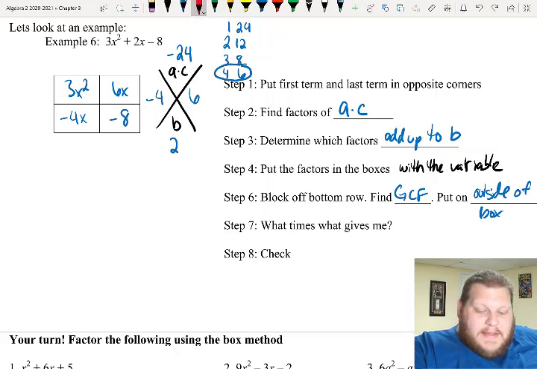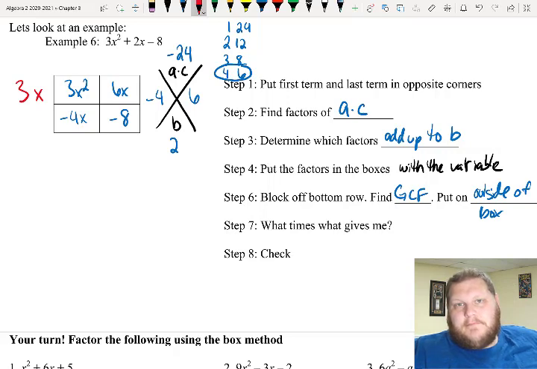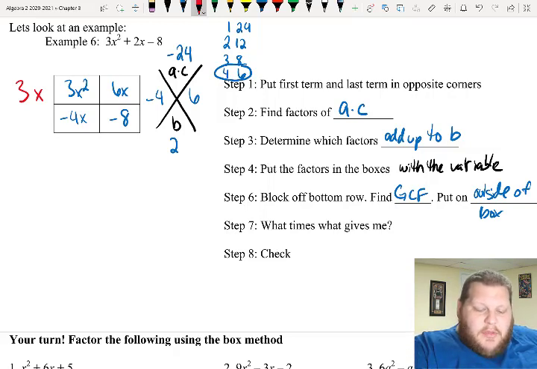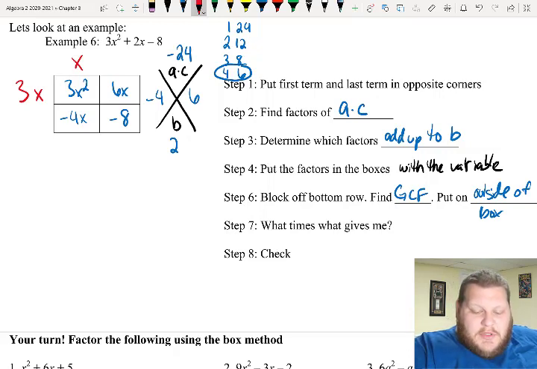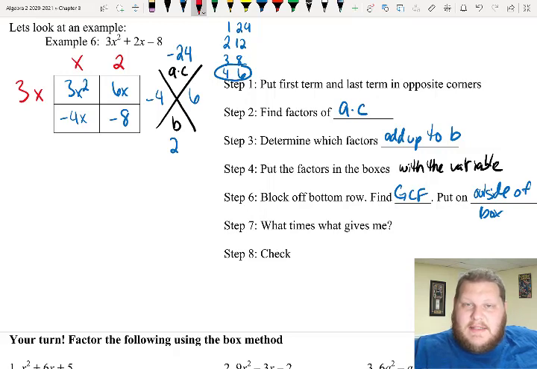If I look at my top row, 3x squared and 6x, the GCF between those two is 3x, since they both have a 3 and an x in common. Once you know that, the rest becomes, what do I have to multiply by? If 3x is this left label, 3x times something has to give me 3x squared, which means this right here has to be x. 3x times 2 gives me 6x.